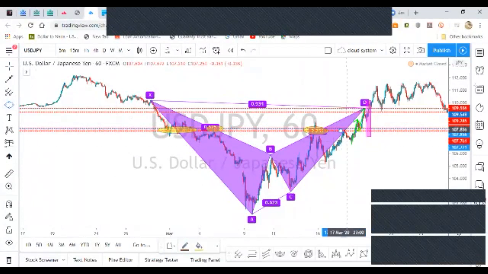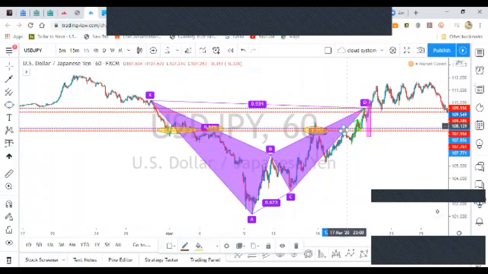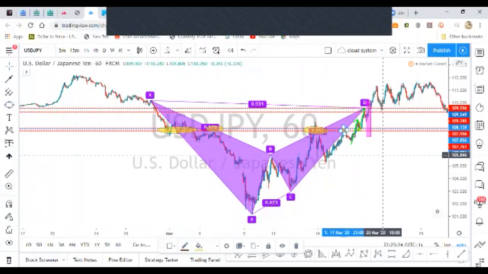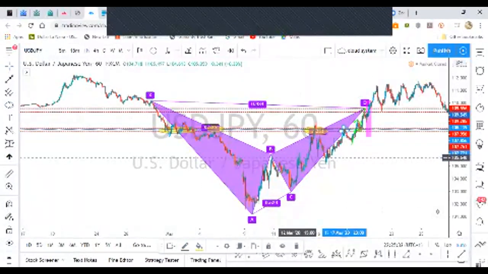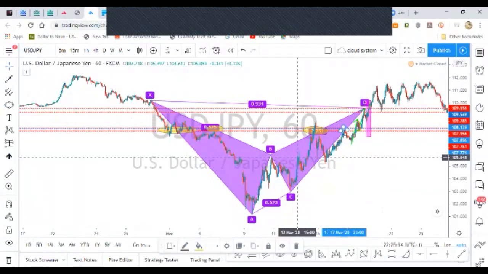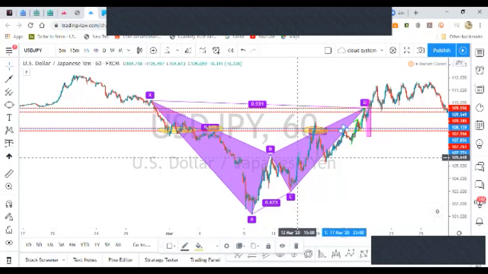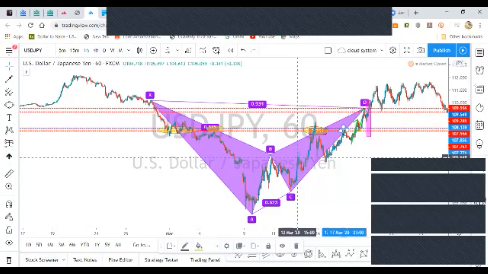Would you agree with me that this is a zone? Now I've got like 6 points where price got to that point and turned back. When I say turn back, it can be turning back up, it can be turning back down. So what I'm looking for are those points where price came to and turned back.